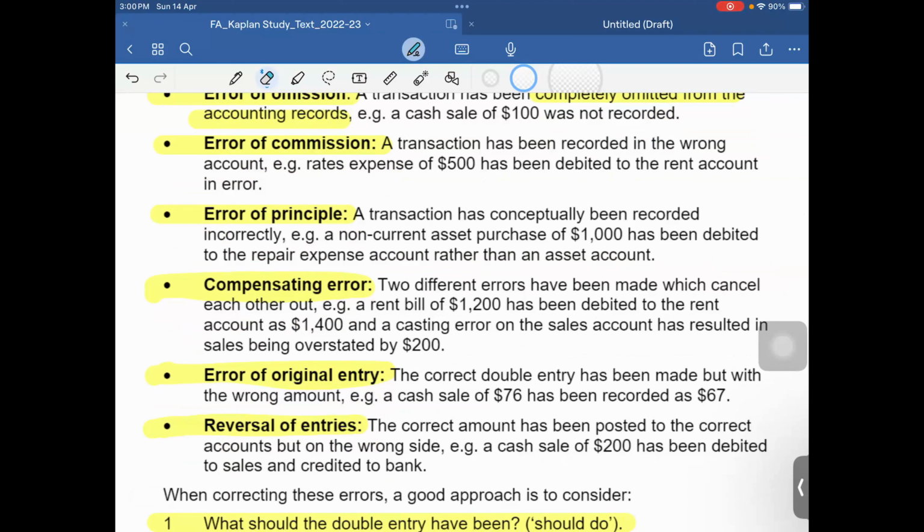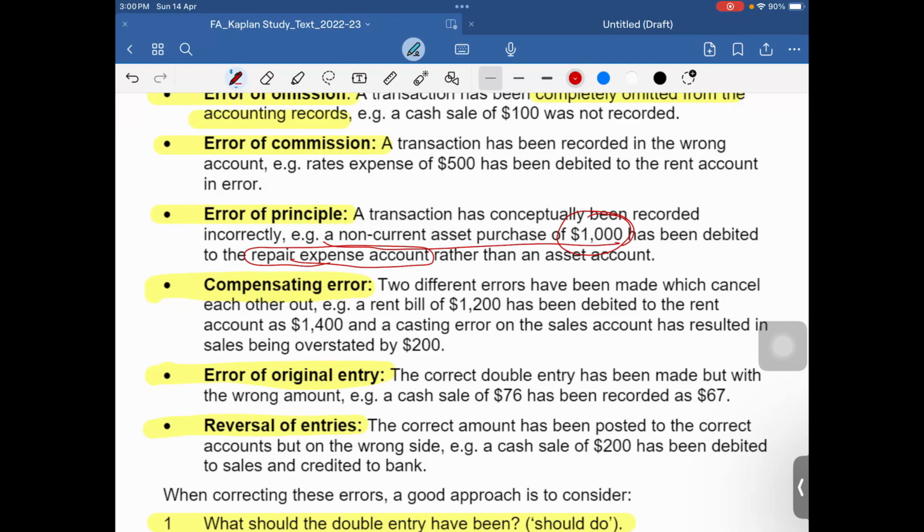For example, there is a non-current asset and you purchase that non-current asset for $1,000, but instead of debiting the non-current asset account, you took that amount to repair expenses. That is an example of error of principle, because one is an asset and the other is an expense.